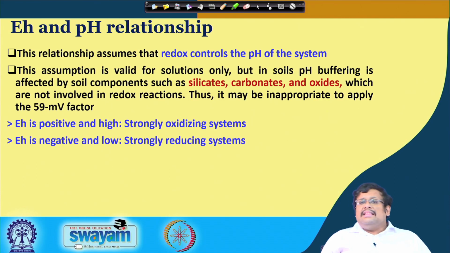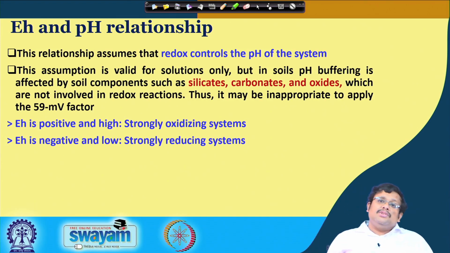Now, remember the thumb rule for using the redox potential in soil. When EH is positive and high, it is a strongly oxidizing system. When EH is negative and low, it is a strongly reducing system.